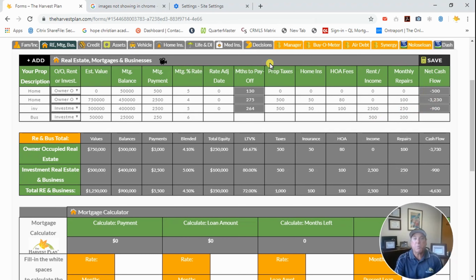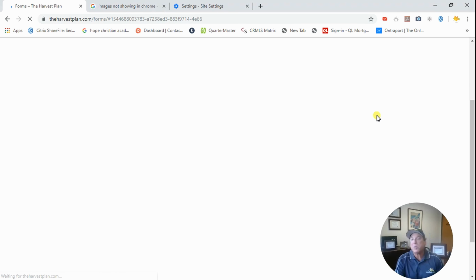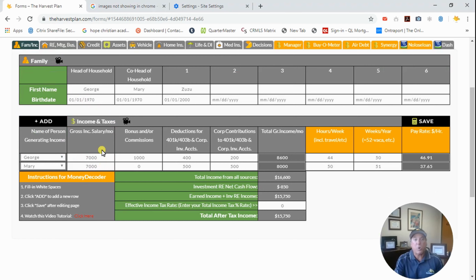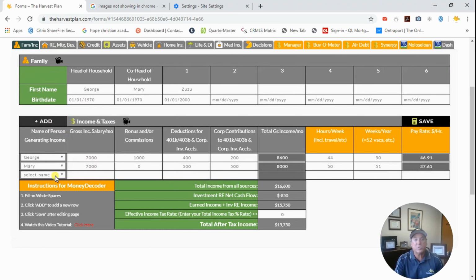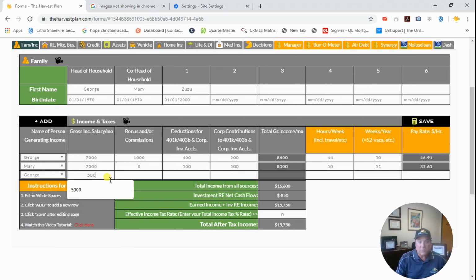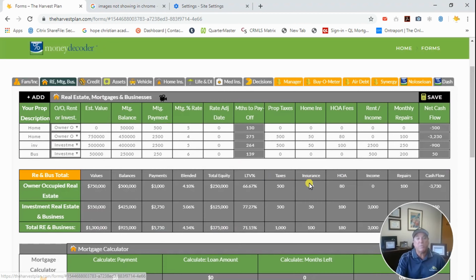That's how we work our small businesses or privately owned businesses into here. And this would be the income that you're earning, not counting salary and wages that you pay yourself. Your salary and wages that you pay yourself are going to go over here in this area. So if I had this additional business, or George did in this case, he would say, well, I'm paying myself $500 a month, and then also at the end of the year, when I have all my profits accounted for, all my expenses accounted for, not only did I get that monthly wage I paid myself of $500 a month, but I also had about $500 in profit.